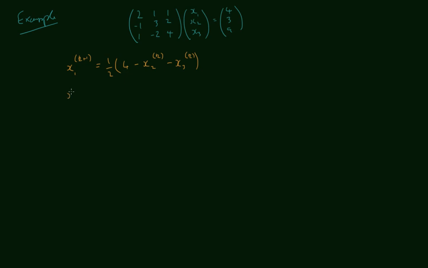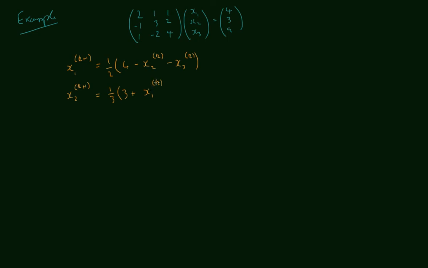The second value, x2, will be 1 over a22, so 1 over 3, times b2, which is 3, minus, so that's going to be a plus, minus x1.